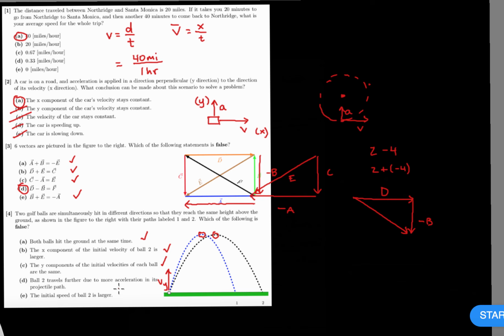No, it has the same exact amount of acceleration as the other one. So that's the false one. And then the initial speed of ball 2 is larger. That's true because the x component's bigger. So that's it.